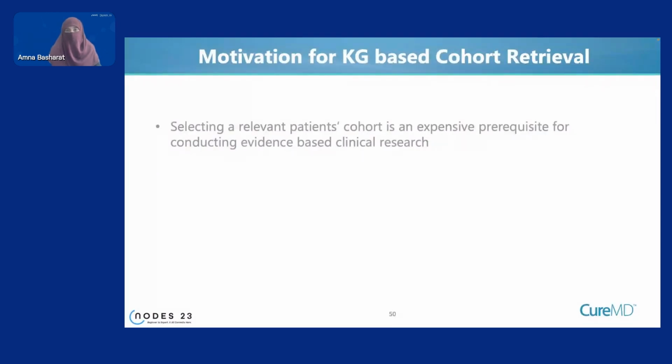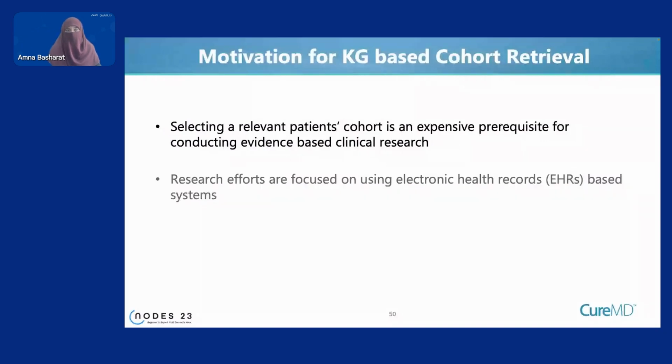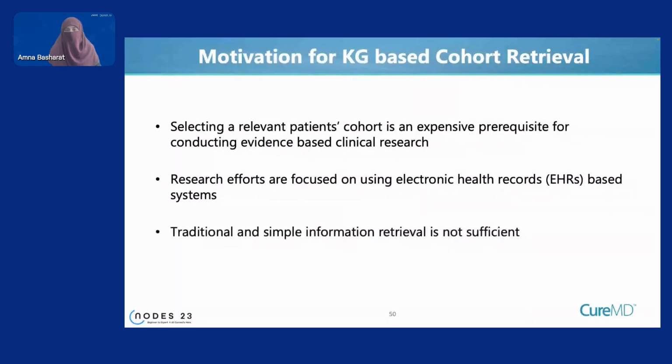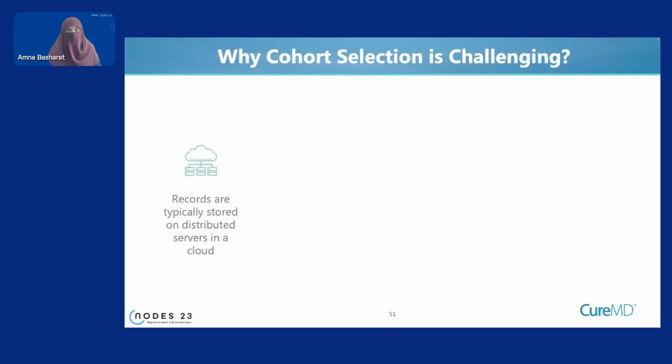So what we sought to do was to use the knowledge graph as the base for the cohort retrieval, because the selection process is expensive. EHRs are being used for retrieving information about the potential patients in the cohort, but simple information retrieval is not sufficient. And why is it challenging?